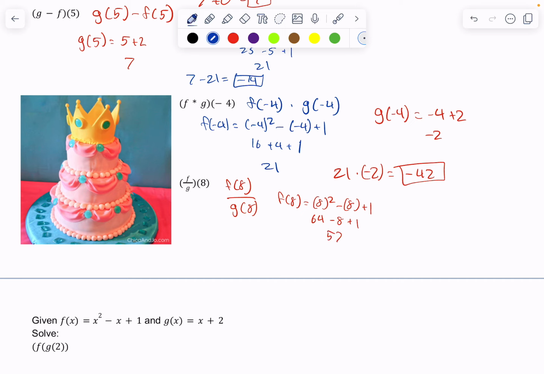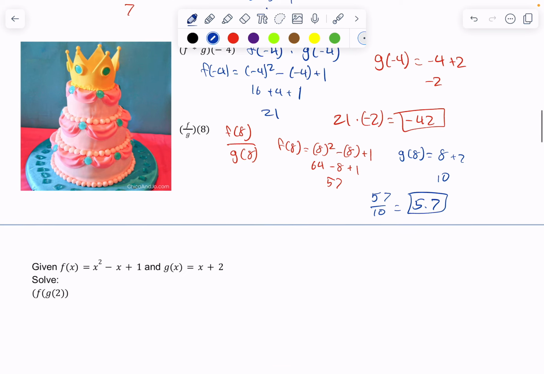And my g of 8 equals 8 plus 2, which is 10. So 57 divided by 10 equals 5.7. Yeah, that kind of works out.